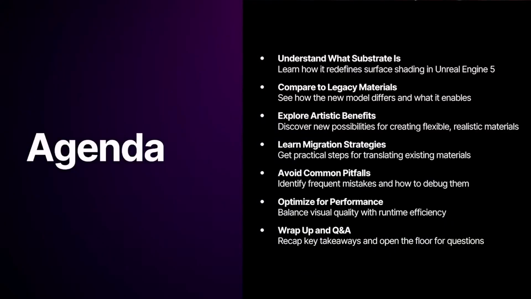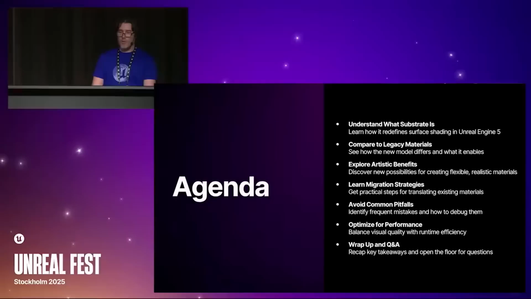Before we dive in, here's a quick overview of what we'll cover. We'll start by defining what Substrate is and why it matters, especially in terms of how it changes the way shading is handled in Unreal Engine. From there, we'll compare it to the legacy material system and highlight the new capabilities it unlocks. We'll look at the benefits for both artists and tech artists, especially in terms of layering, realism, and material flexibility.